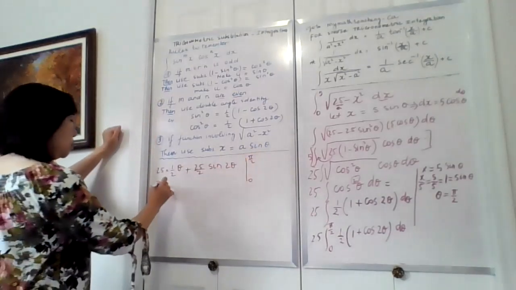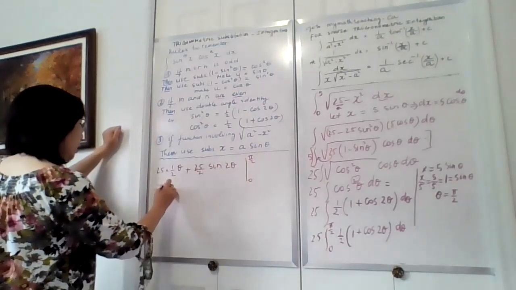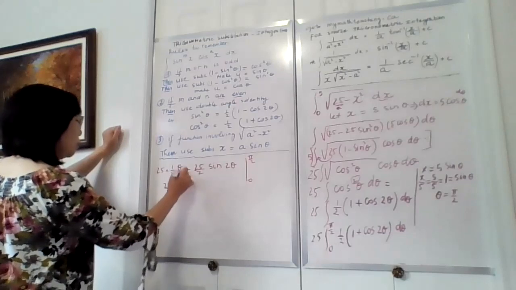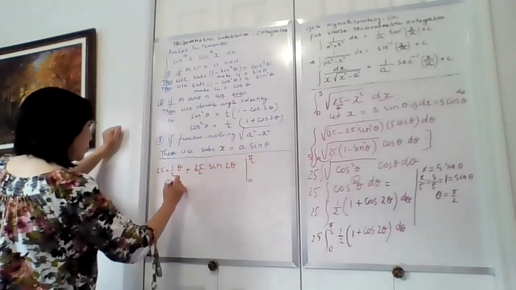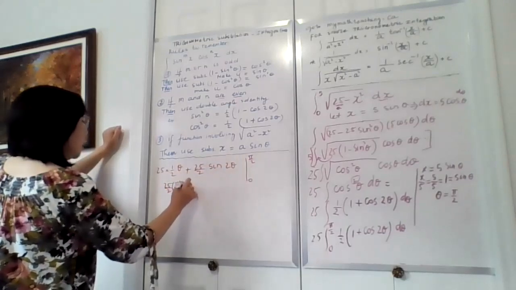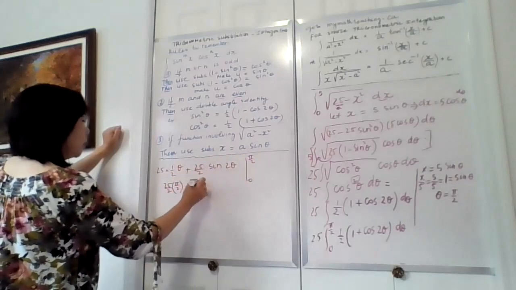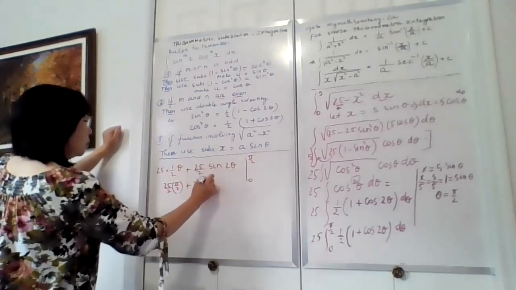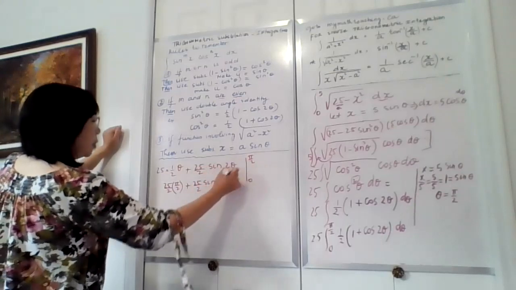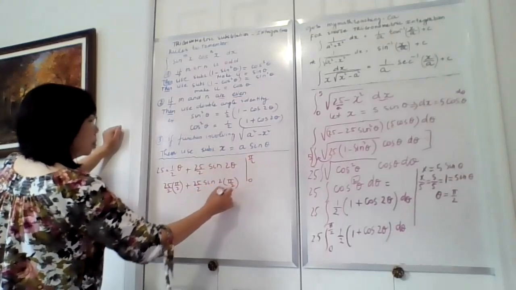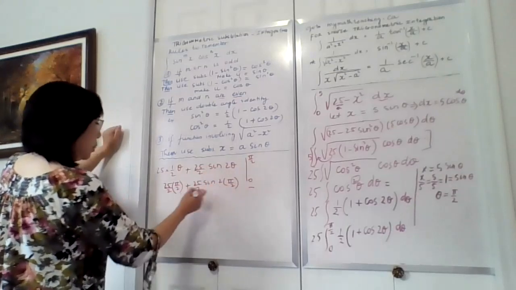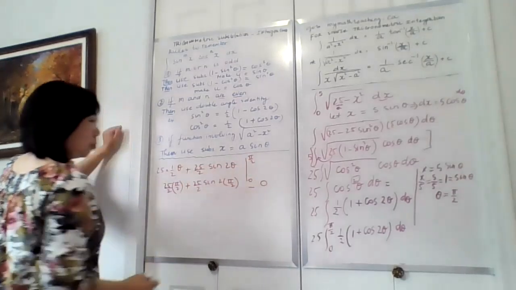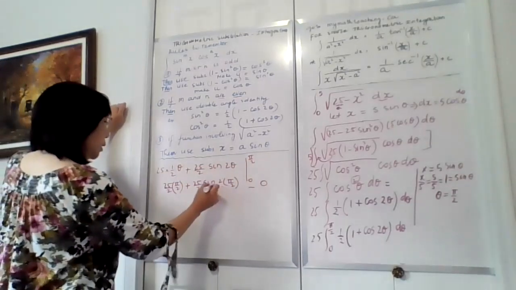Okay? So now this will give us 25 over 2 times our angle theta, which is pi over 2, adding 25 over 2 times sine of 2 times pi over 2. And minus everything, multiplied will become 0, so we're not worried about that.